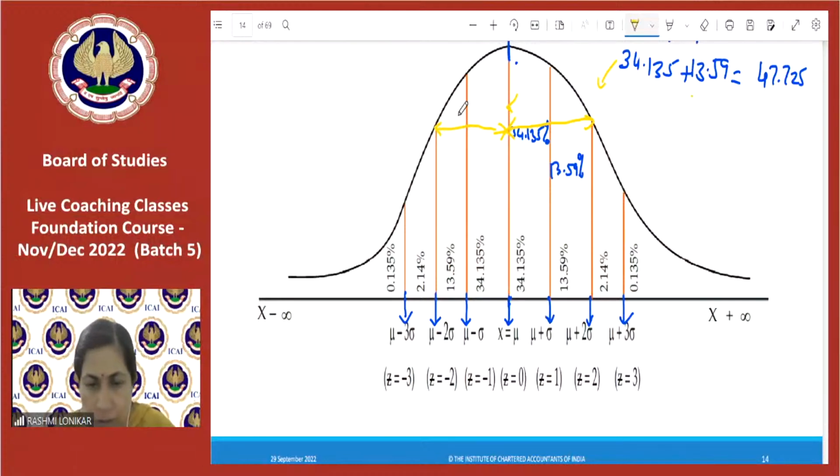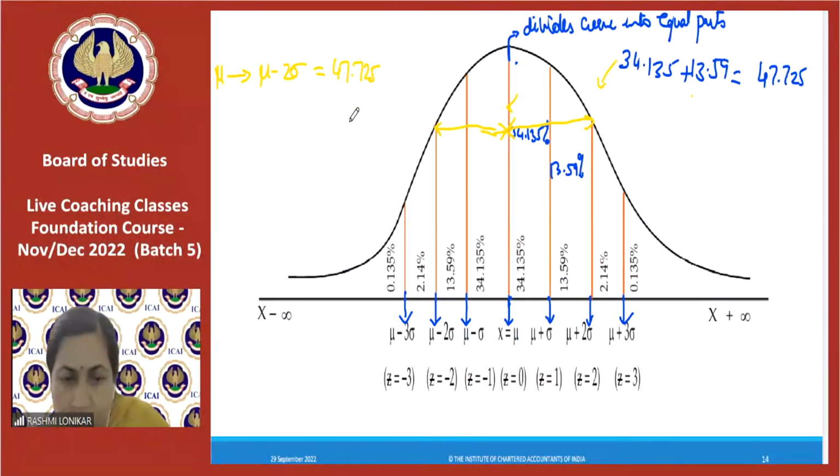So if I'm considering from mu minus 2 sigma to mu, then this is also going to be 47.725. Okay, if I go from x is equal to mu to mu minus 2 sigma, if I go from there also, I will get the same because it is symmetric. Okay, so when I'm talking about mu plus or minus 2 sigma, I'm getting this. The area under the curve is how much?